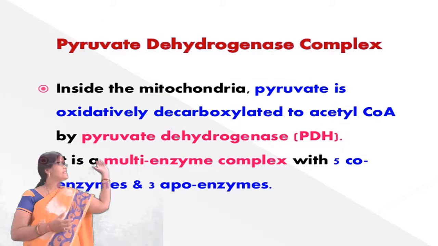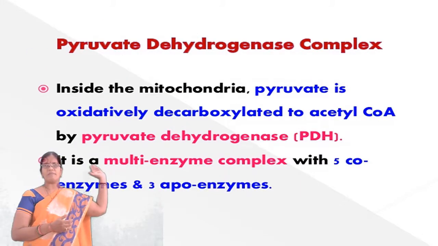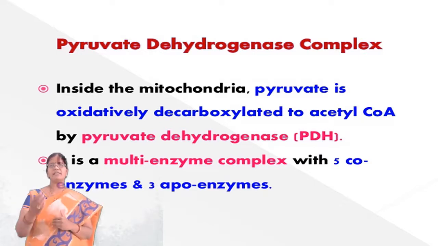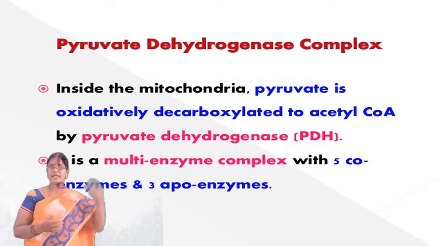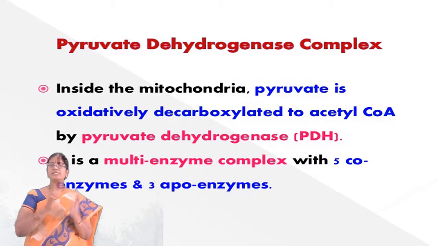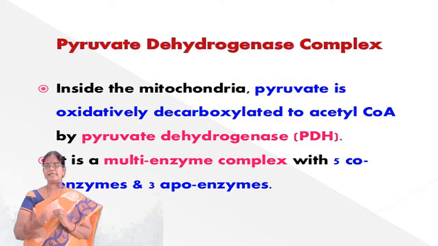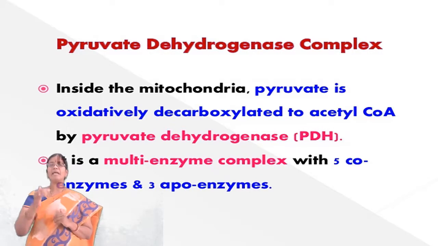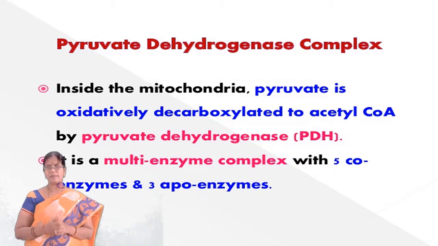Now, we will discuss the pyruvate dehydrogenase complex. This pyruvate dehydrogenase complex is inside the mitochondria, and this enzyme oxidatively decarboxylates the pyruvate to acetyl-CoA. So, pyruvate is oxidatively decarboxylated to acetyl-CoA by pyruvate dehydrogenase complex.